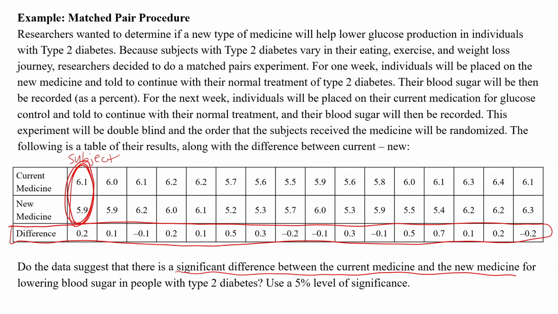You have to be very careful to identify this when you're given 2 sets of data. Am I interested in the difference? Or does it not make sense to pair these subjects up? In this case, because it makes sense to pair them, it is a matched pair procedure. And so we're going to go through what that looks like.